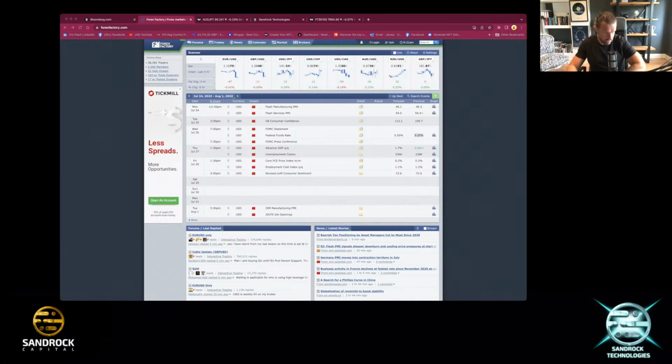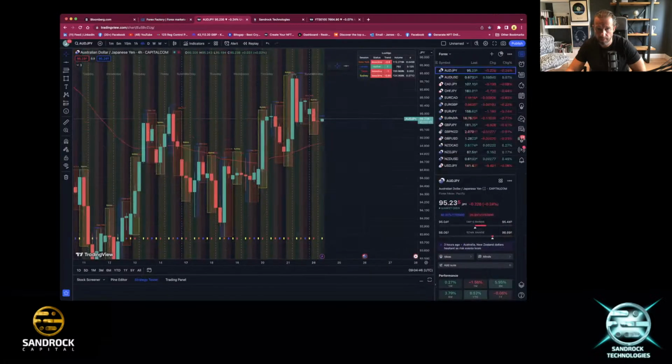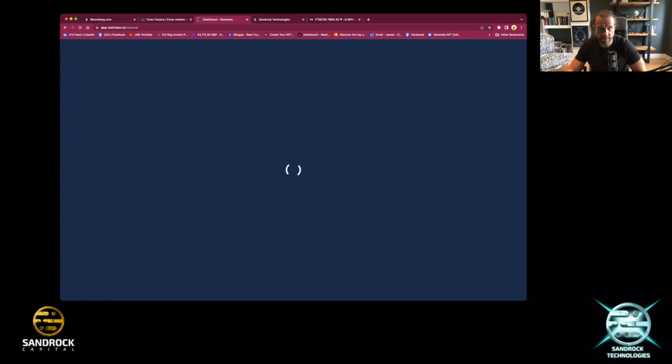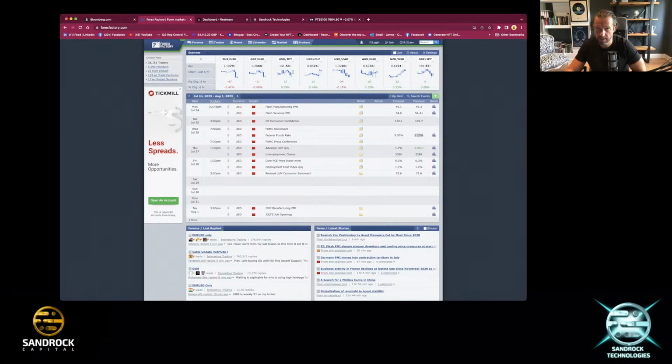So we are at 10 o'clock UK time. So let's just have a quick look at the market, the open of some of the stocks. Because I'm interested in Tesla as well, actually. Tesla.